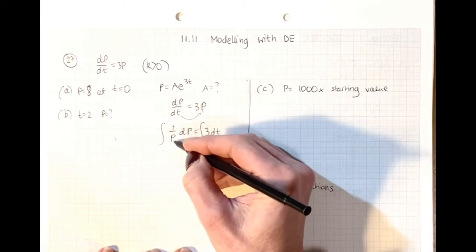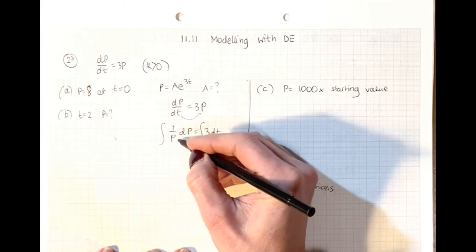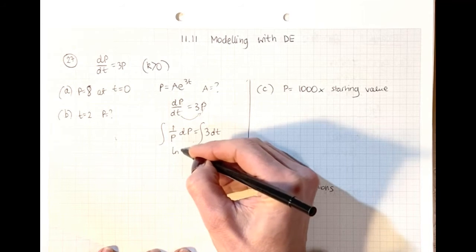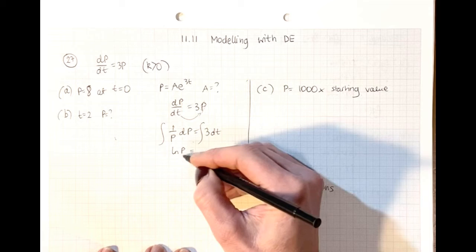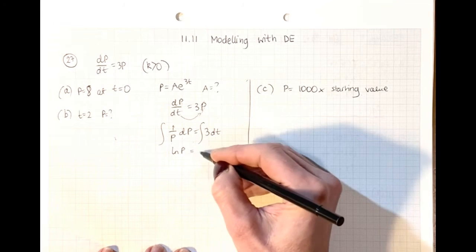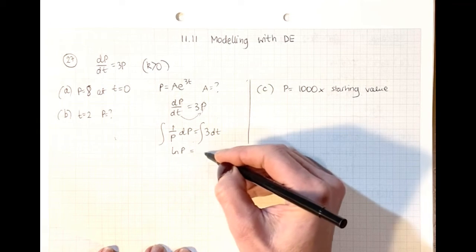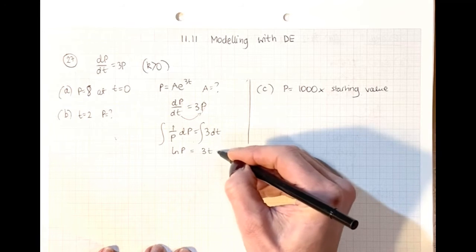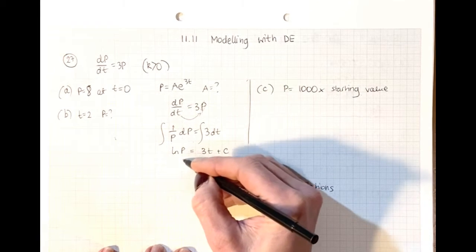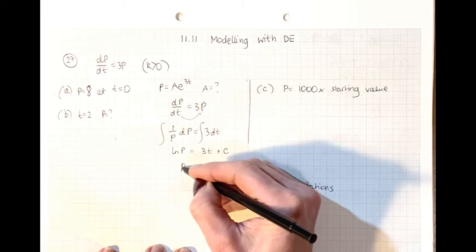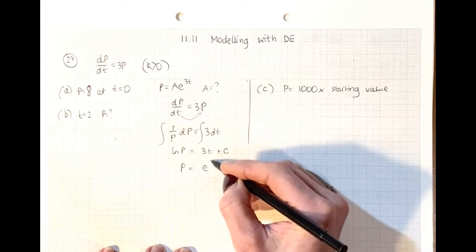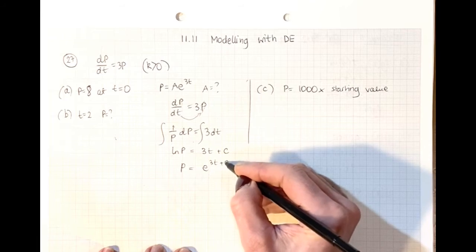And here you can see that this is 1 over P dP, that goes to ln P. And since the population is a positive value, we don't need to put a modulus symbol down here. So we've got 3t plus c. Let's give it an e, so e to the power of ln P will give me P, and e to the power of 3t plus c.